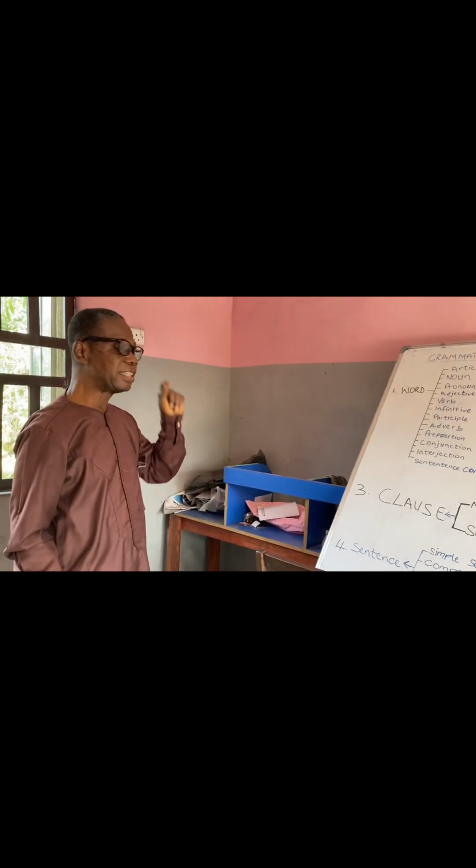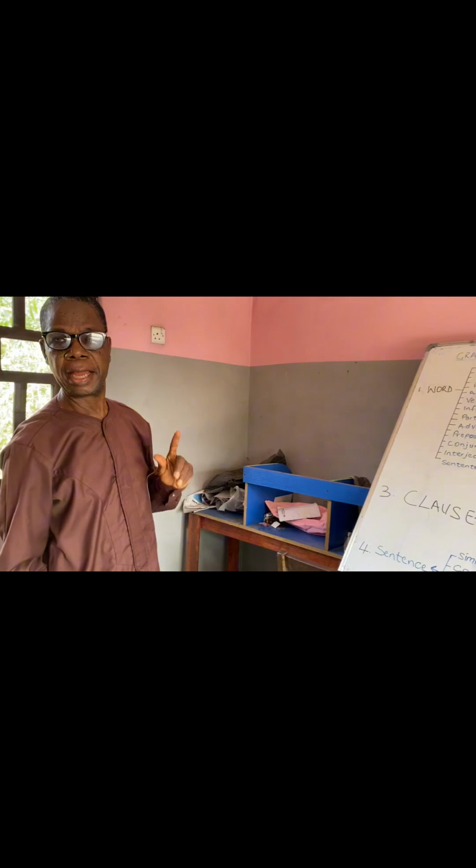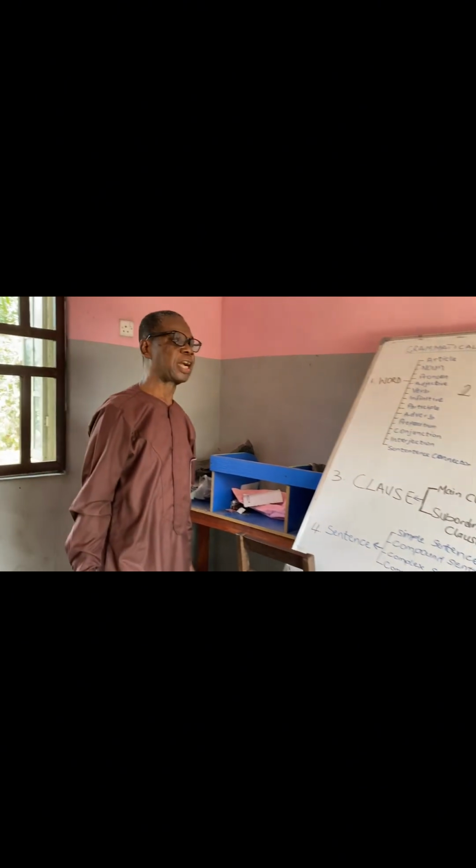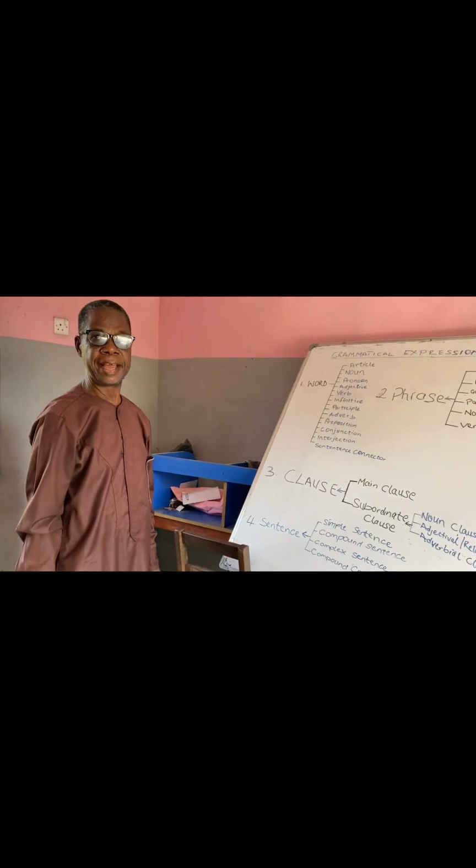So we said there are 4 units of grammatical expression. They are the word, the phrase, the clause, the sentence. There are 4 units of grammatical expressions, or what I call types of grammatical expressions.